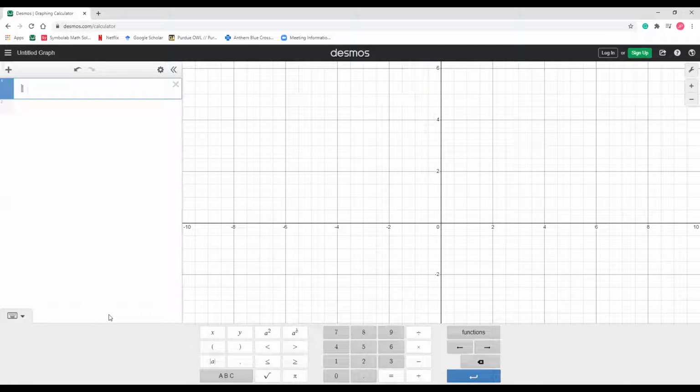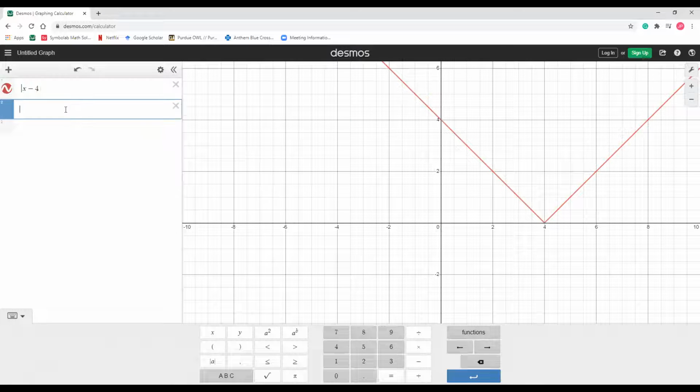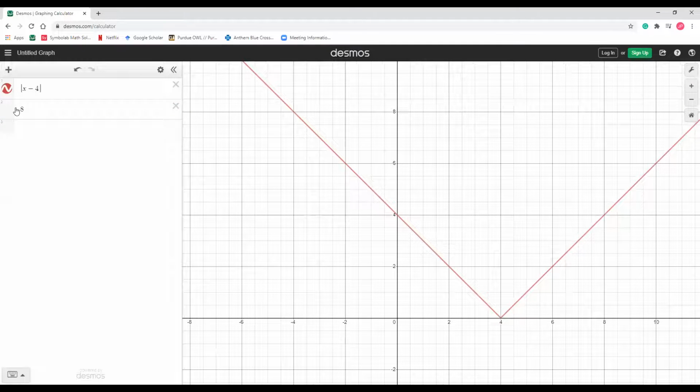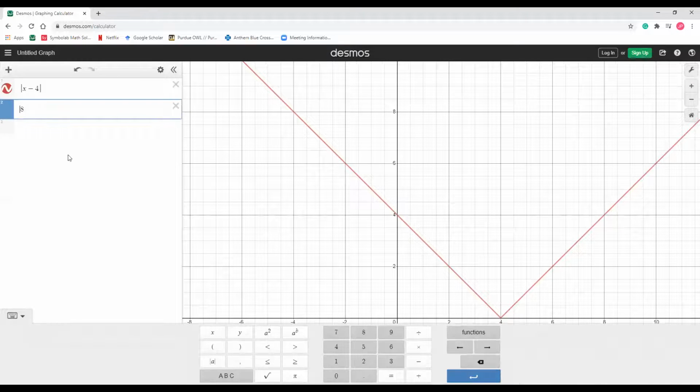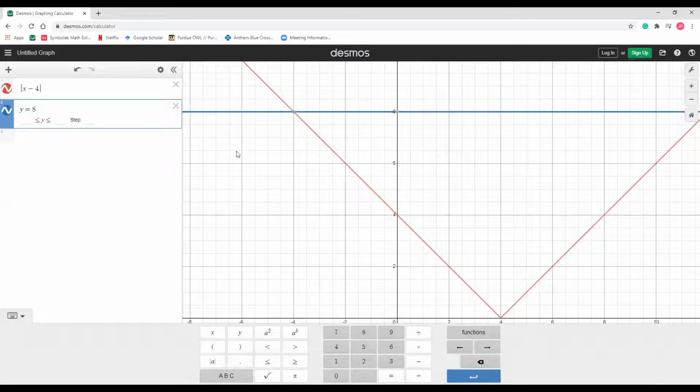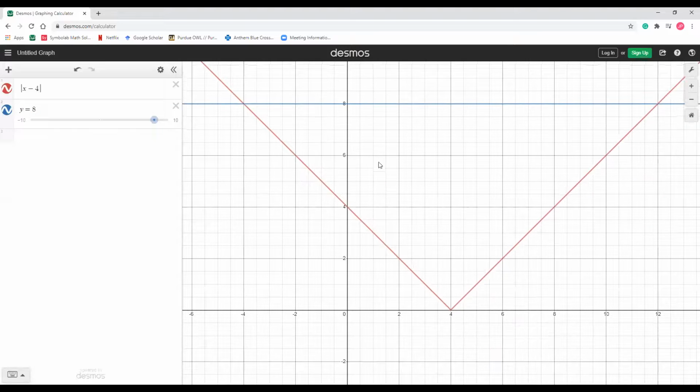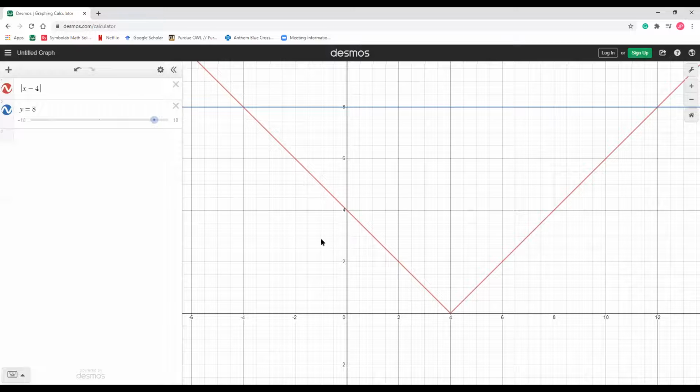It was absolute value x minus 4. And on the other side was an 8. Maybe I need a y equals. There you are. Okay. So I don't know how to flip back and forth, guys. Sorry. So the equation was the absolute value of x minus 4 is less than 8.